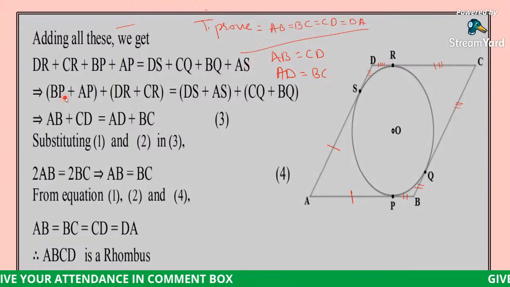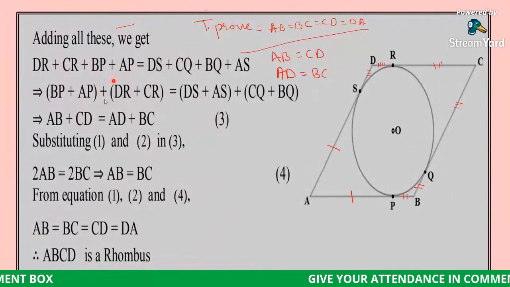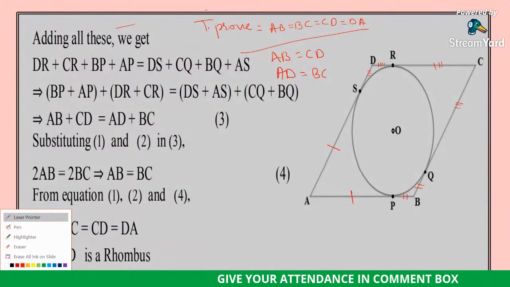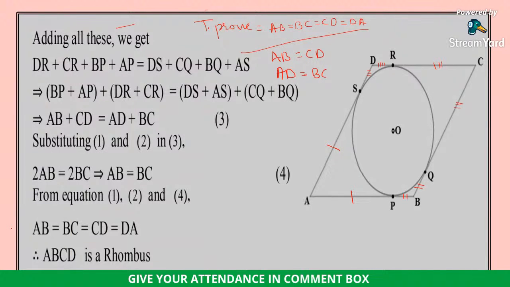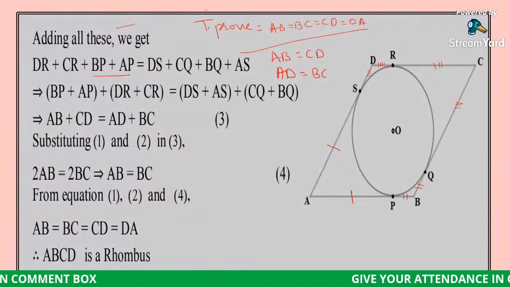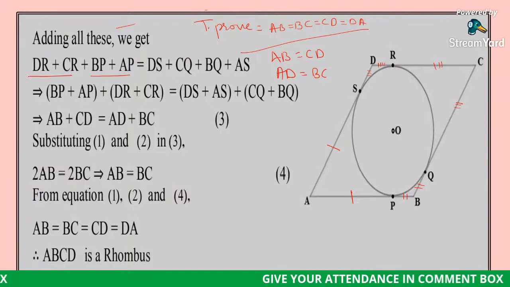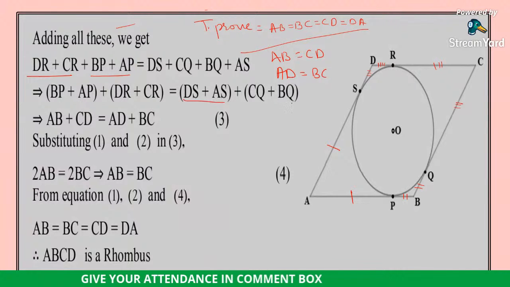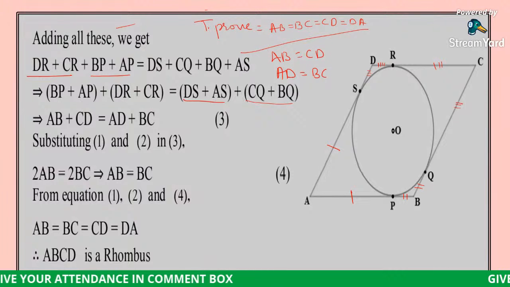If you group them so that we can get a line, BP plus AP, here it is. If you group them, definitely we can easily replace. Here by given, we can write BP plus AP, DR plus CR here, and DS plus AS plus CQ plus BQ.